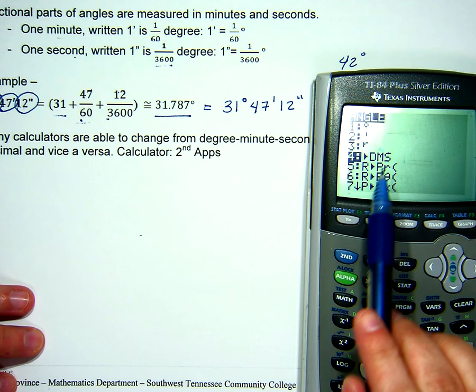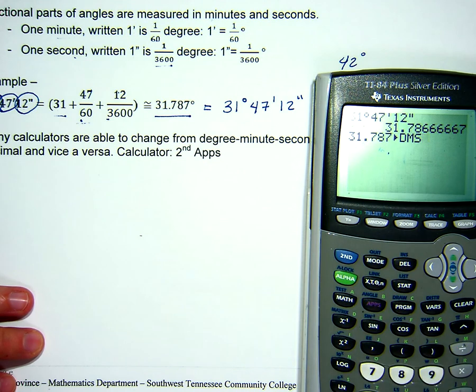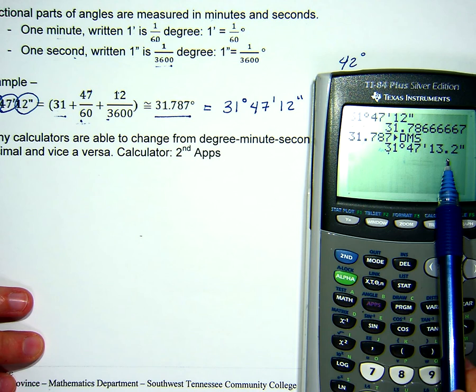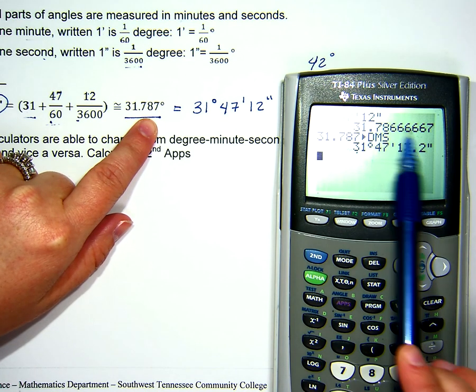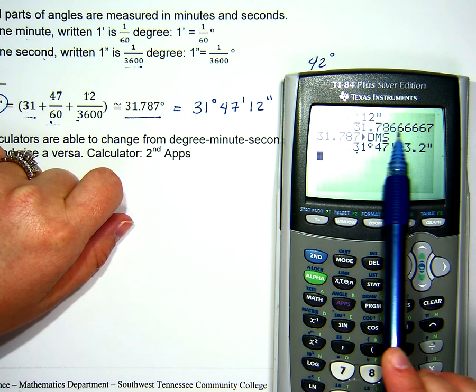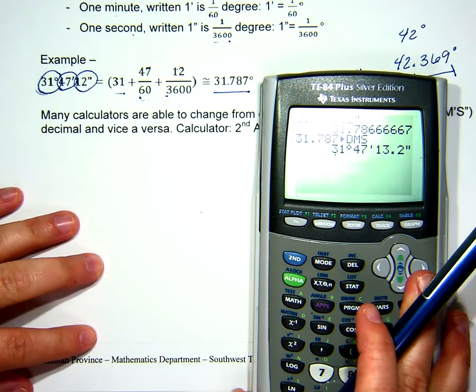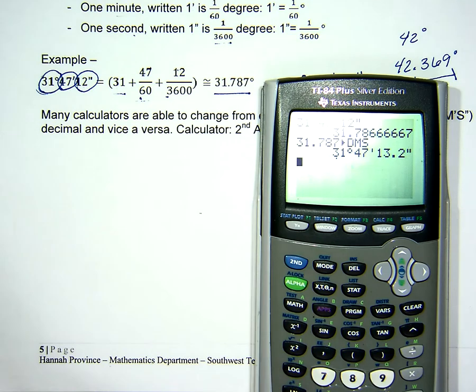So I hit enter to pick that up. I've typed in my rounded number, I've said degrees, minutes, seconds, and here it gives it to me. Keep in mind that my seconds are off. Why? Because I rounded this number from this one. So my seconds are off, and this is just a rounding error. But that's how we can convert back and forth between degrees, minutes, seconds, and decimal forms of angles using our calculators.